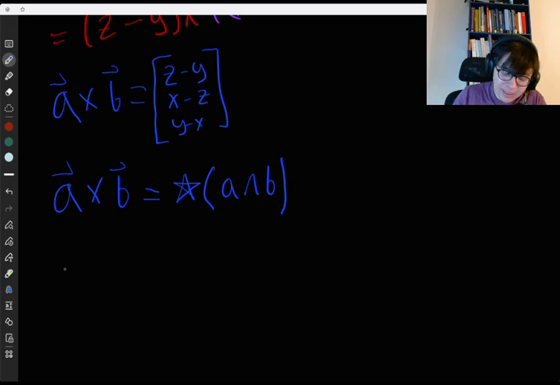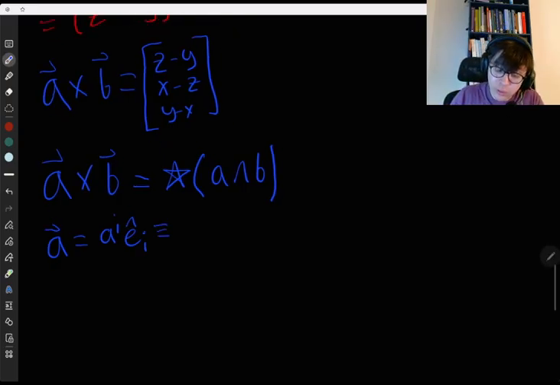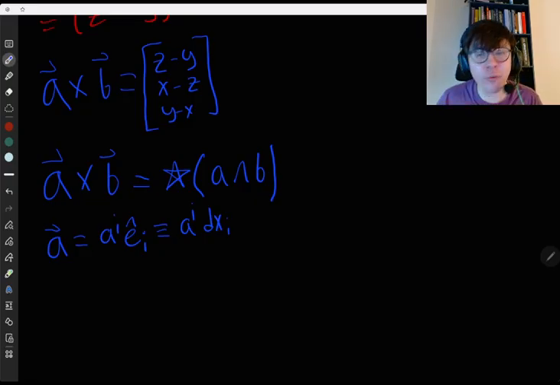I want to rewrite A in my new notation. So remember above, we were rewriting it as A_i, the components, times the unit vector in that direction. Well, we're going to start using this new differential form notation. I'm going to define this for you today to be A_i dx^i, where this is now the differential form component of your basis.